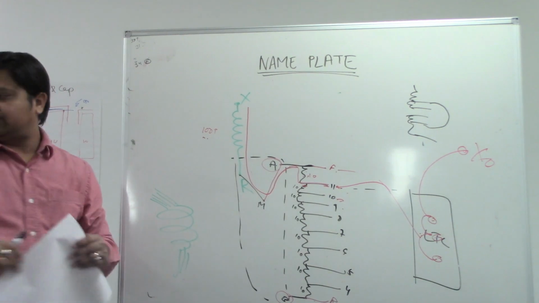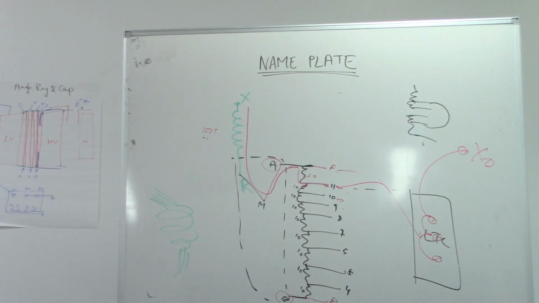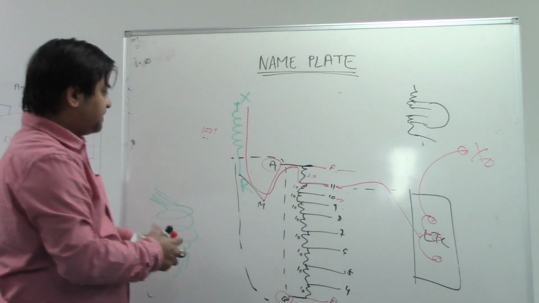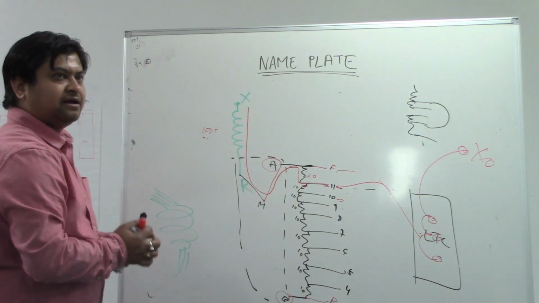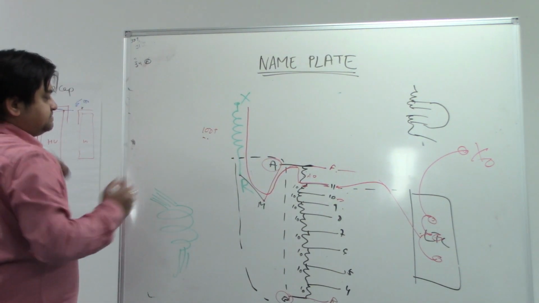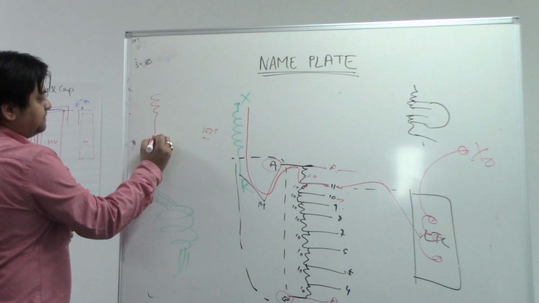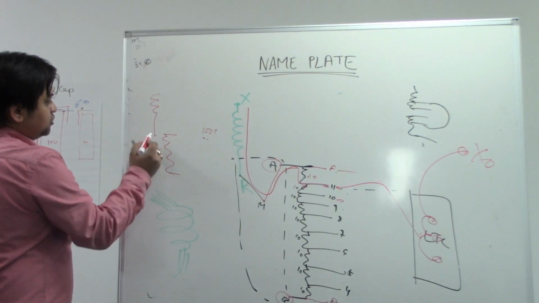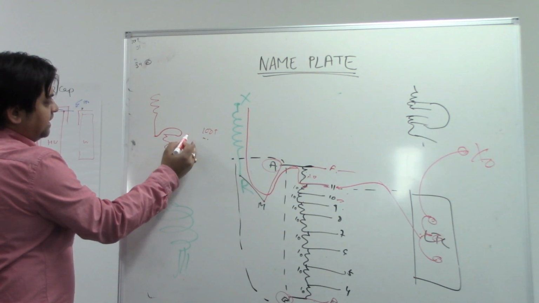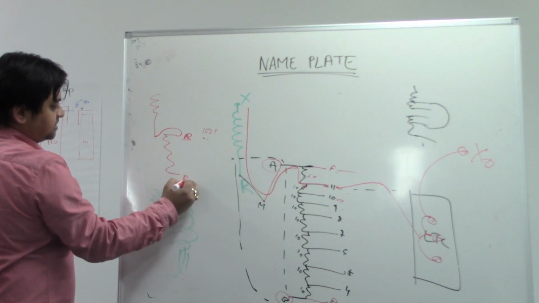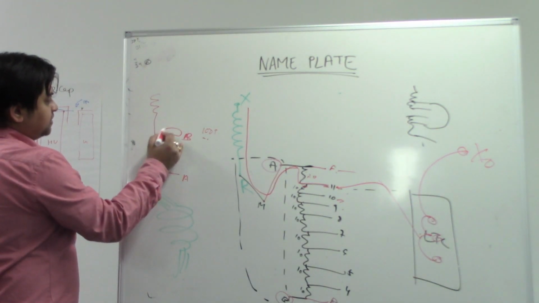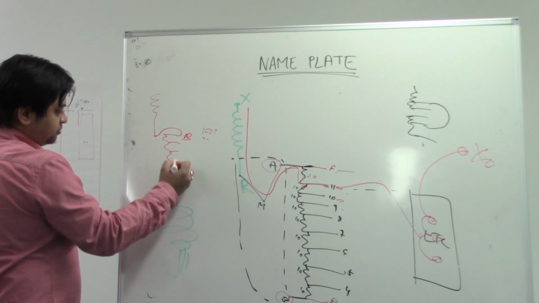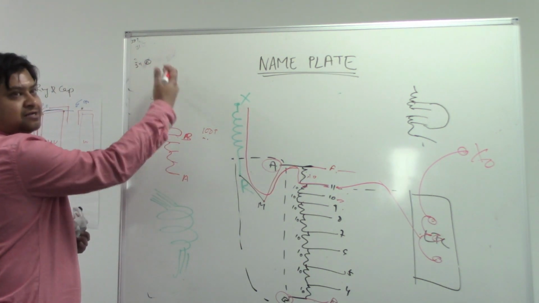So the question can come that, hey, how can we increase and decrease the same number of turns by doing A and B, right? Because now you have a winding, okay, and then you have a turn. Once you are going here, this is B, this is A, as per the name, right? So once you are going to B and then going further down, you are adding the turn, right?